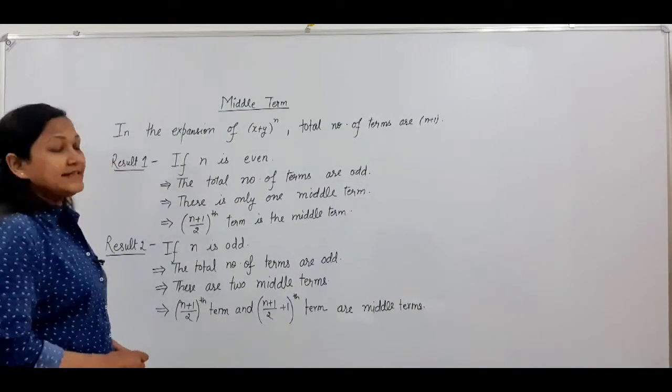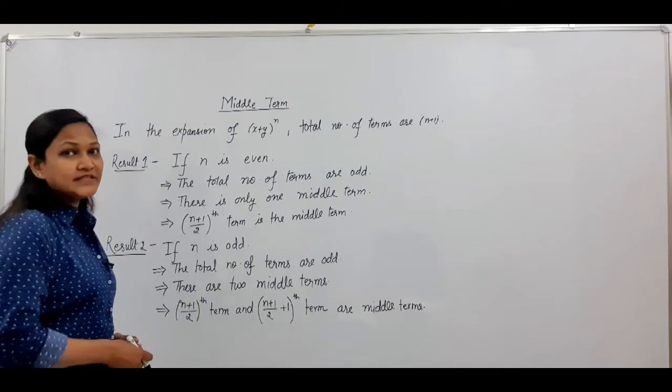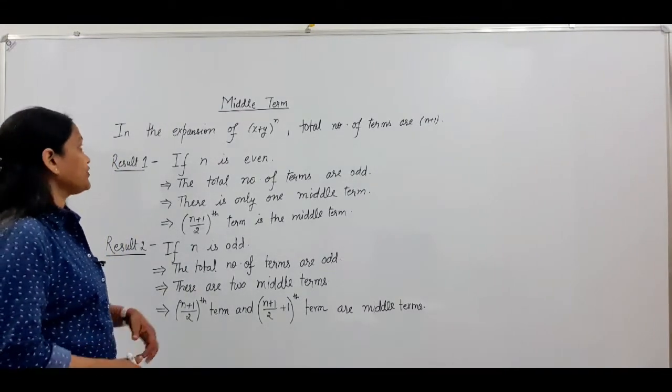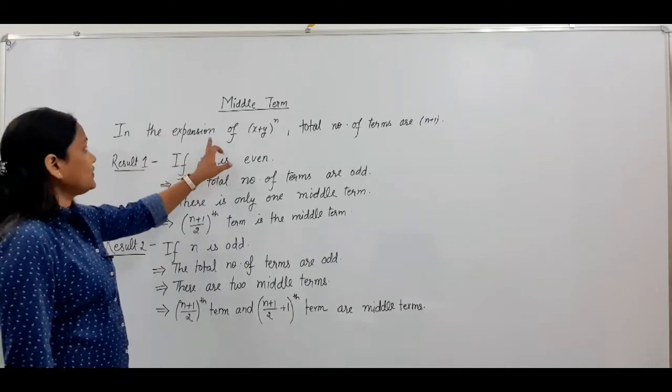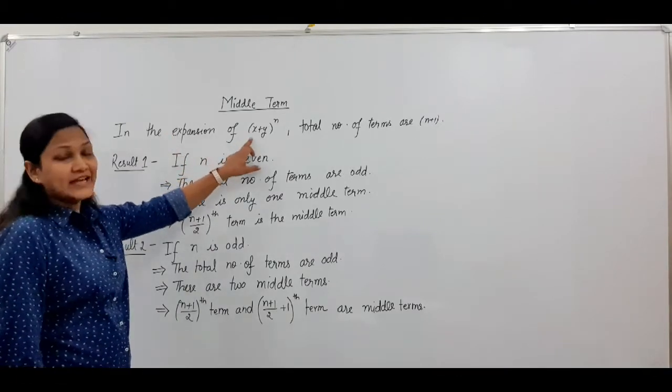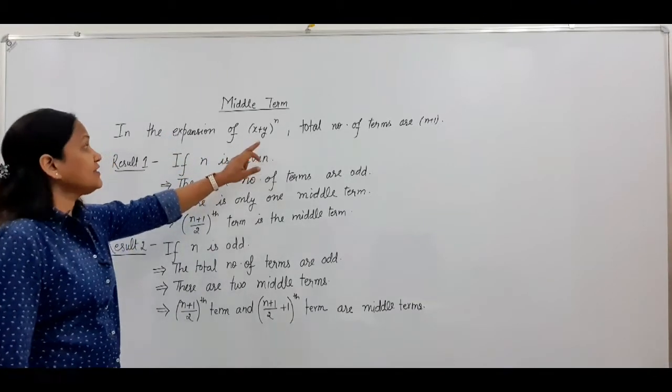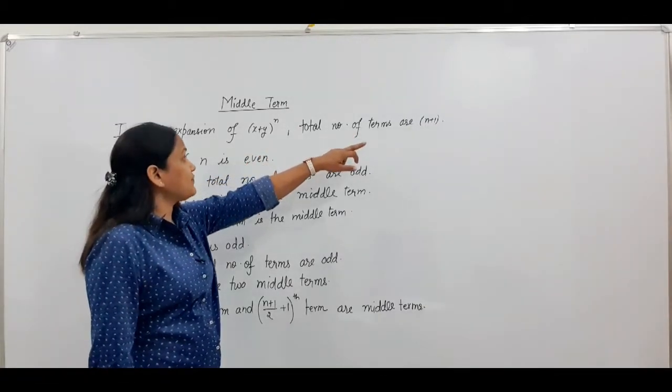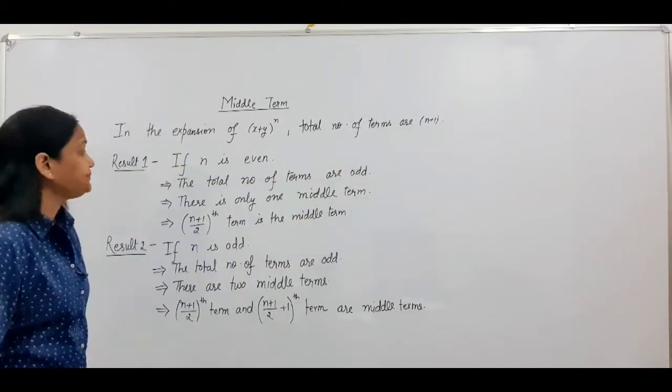Now let us discuss the middle terms in the binomial expansion. We know that in the expansion of (x + y)^n, there are n plus 1 terms in total.